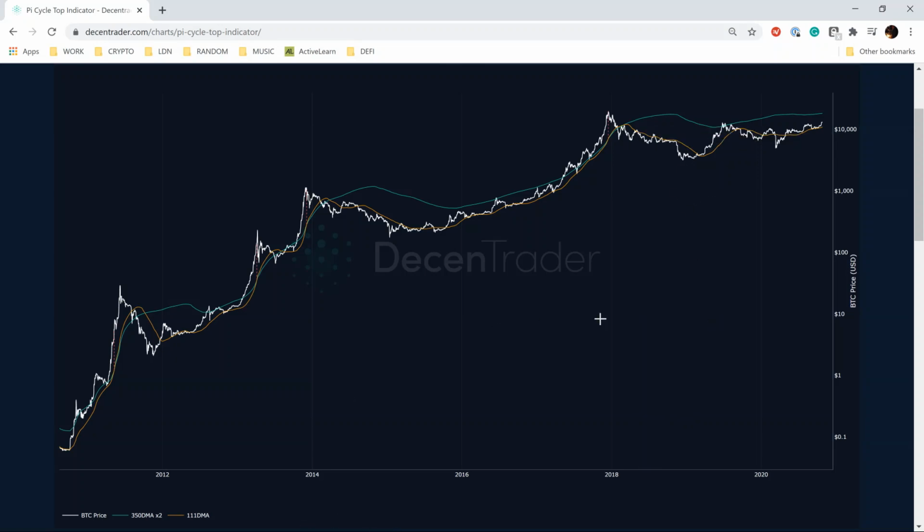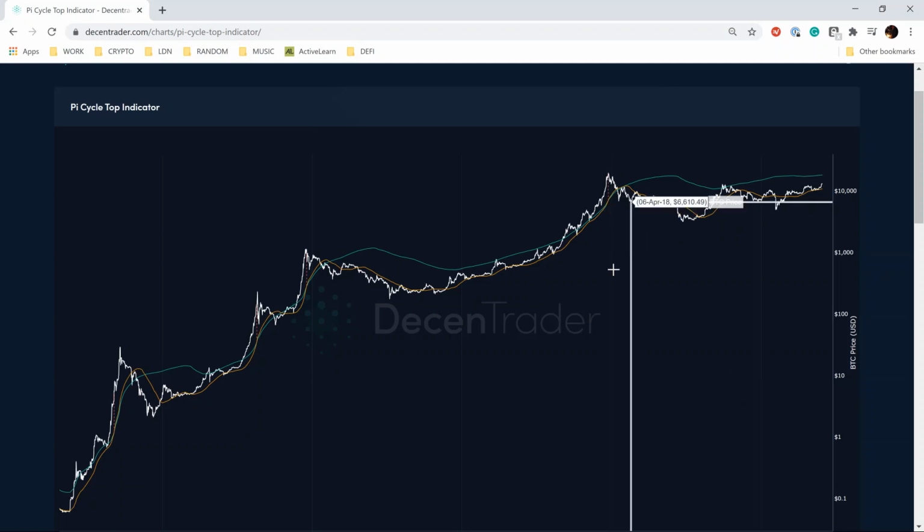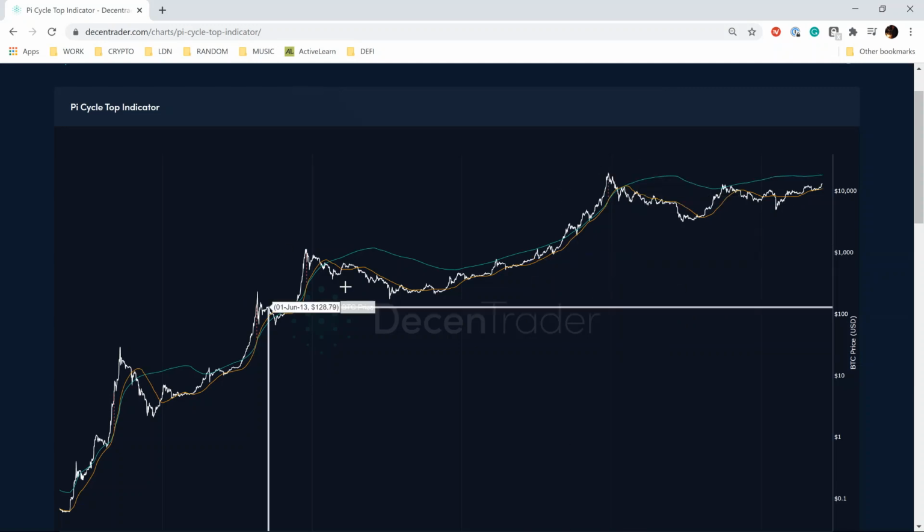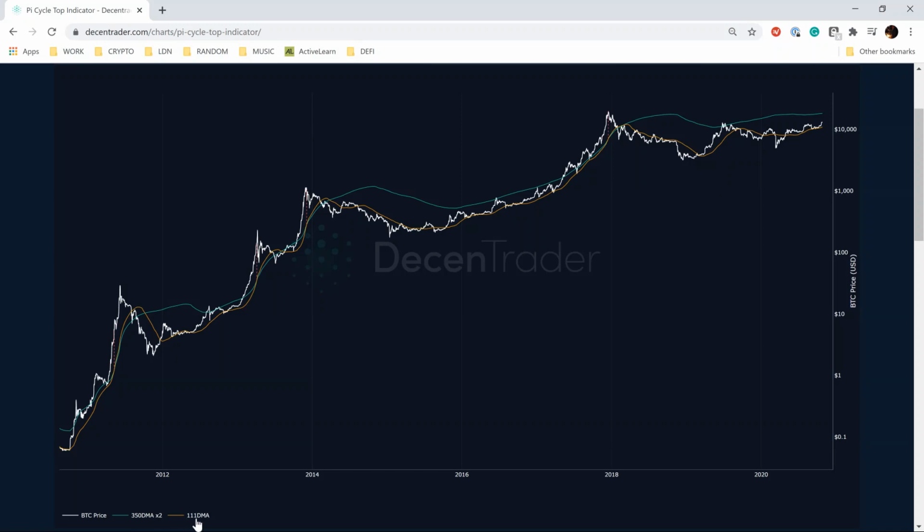I think it's really interesting, and when I noticed this, the thing that really blew my mind and a couple of other people's minds when I shared it with them in the space was that this indicator picks out the tops to within 3 days of the past 3 cycles. And there's clearly something cyclical to it. It's interesting that if you divide 350 by 111, what you get is 3.153, which, as you probably can guess, is very close to pi, which is 3.142.